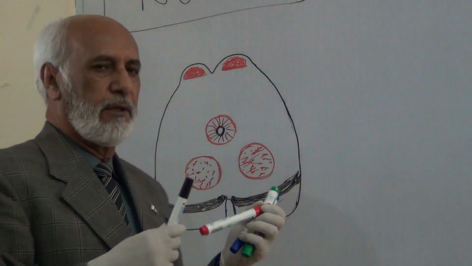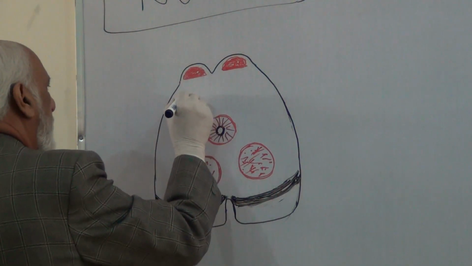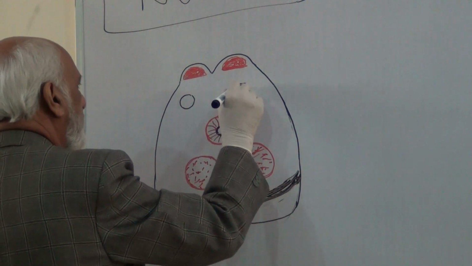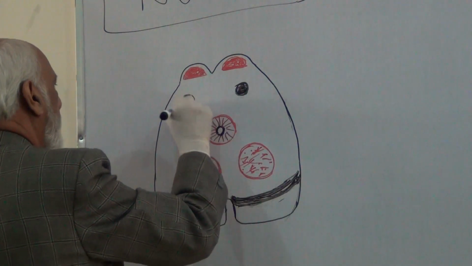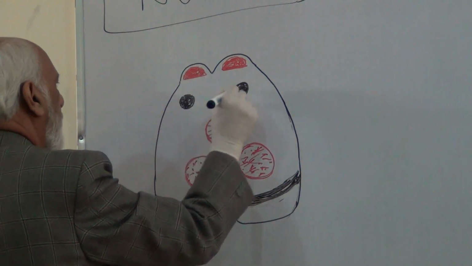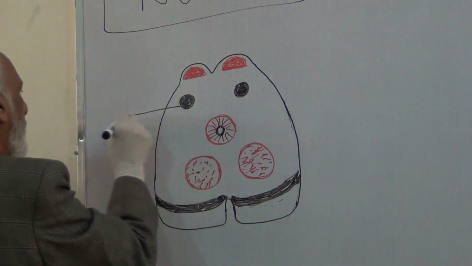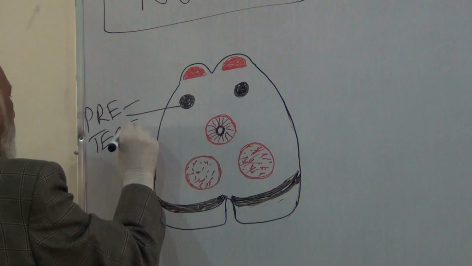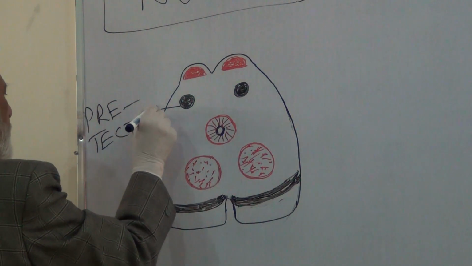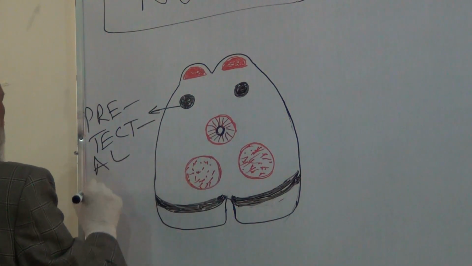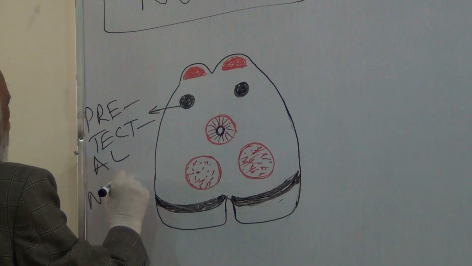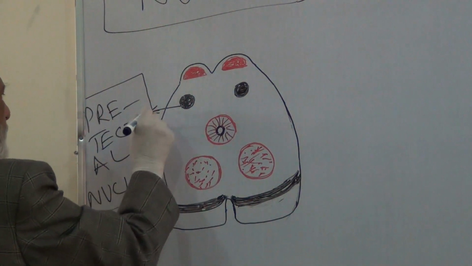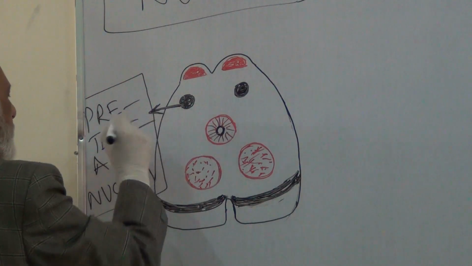Now anterolateral to the nuclei of the superior colliculi are the pretectal nuclei, one right and one left.